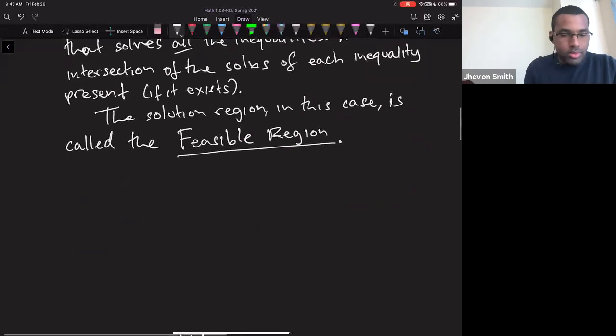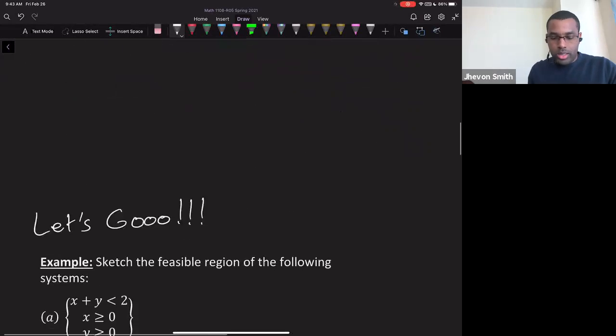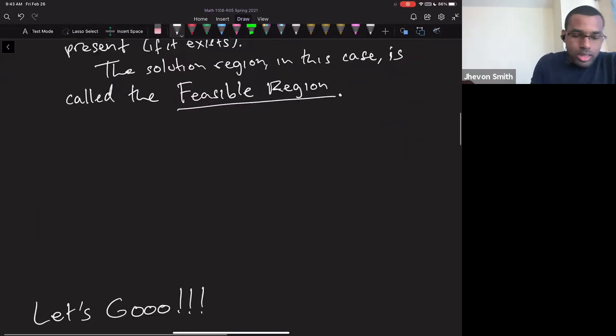We're not going to get into the examples just yet, but let's talk about the process for finding the feasible region.